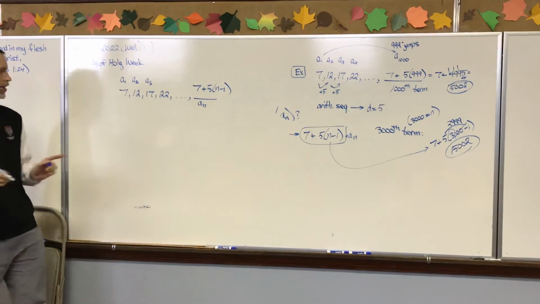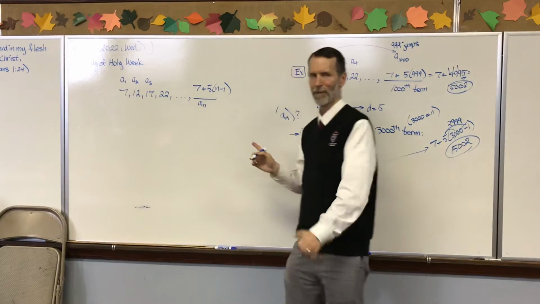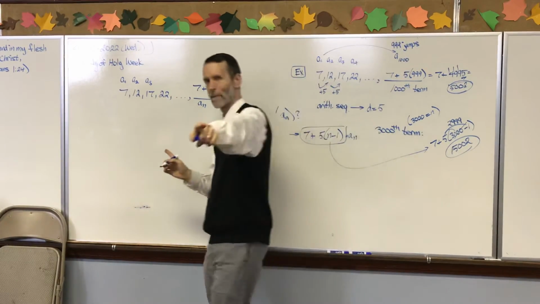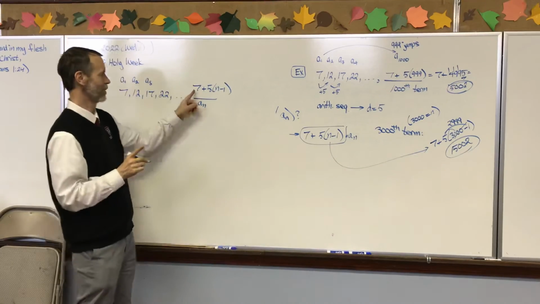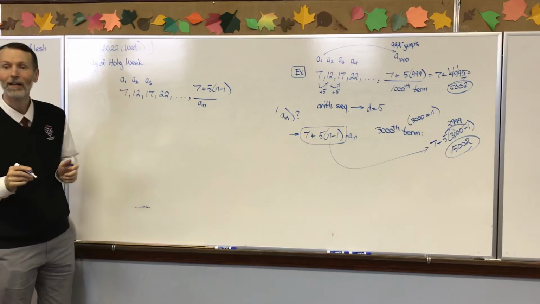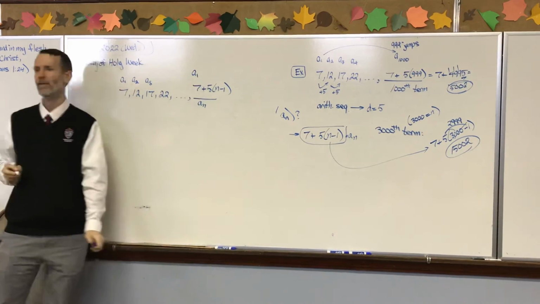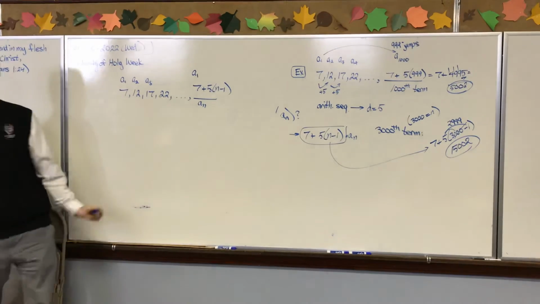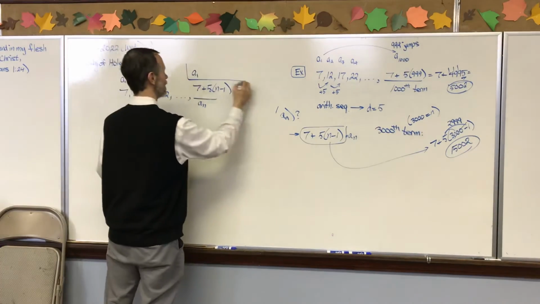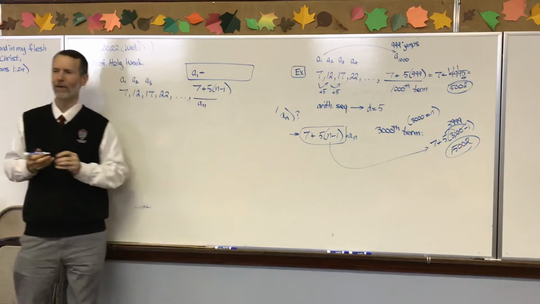Question. Where did you get the 7 from? Where did we get the 7 from? The beginning. In other words, A1. That's what it really is. The real formula is going to be here. A1 plus, where do we get the 5 from?